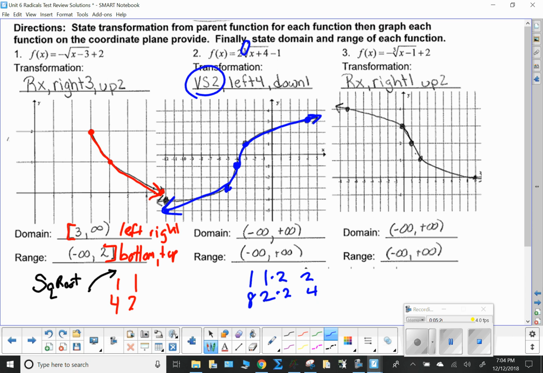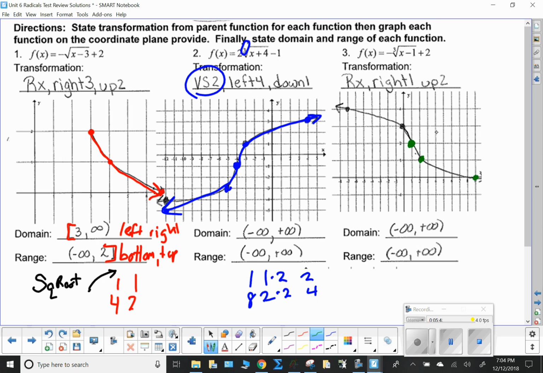Number 3 is also a cubic. This one is reflected over the x-axis. Right 1, up 2. Here's my starting point. I'm going to go right 1, up 2. It's reflected, so instead of going up, I'm going to go down to the right. So I go right 1, down 1, right 8, down 2.